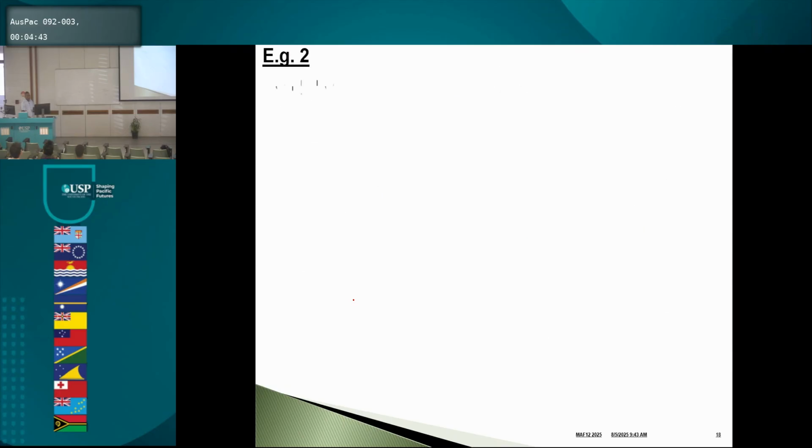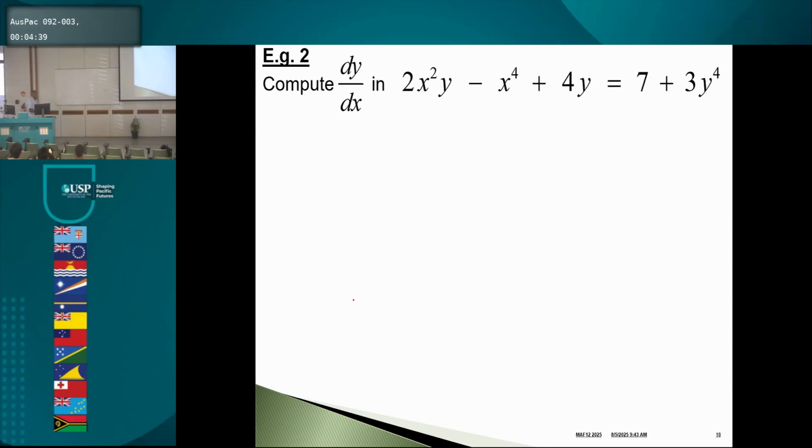See if we have another example. Two functions multiplied together. We'll differentiate them using product rule. Help me out. What's the derivative of 4y? 4 dy over dx.